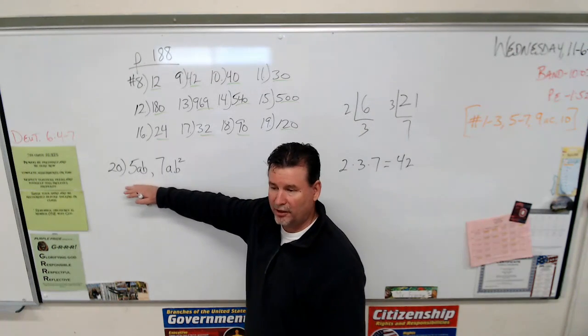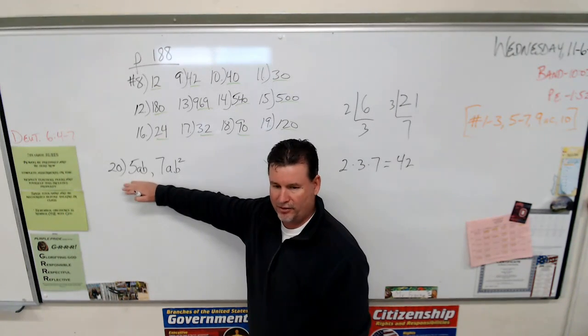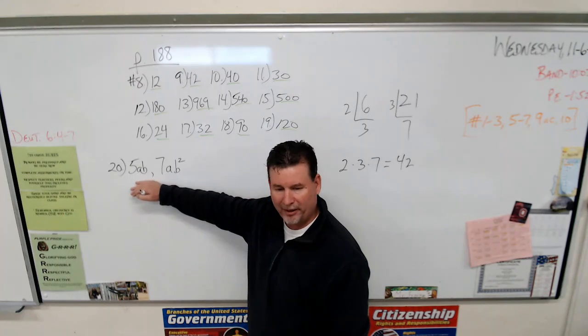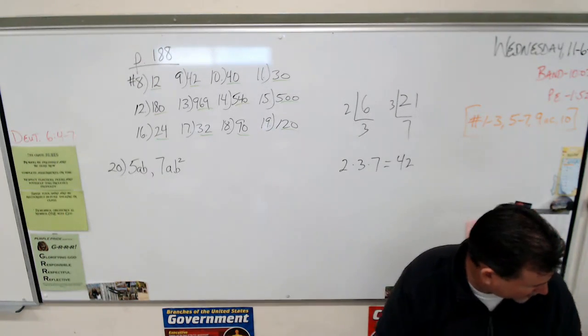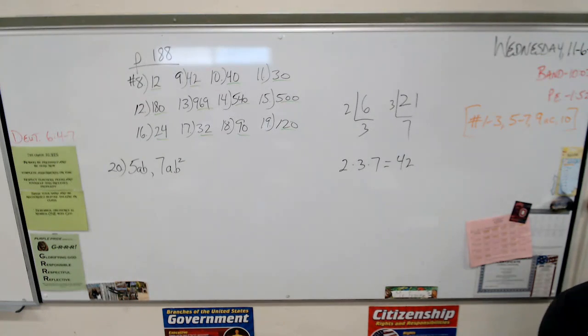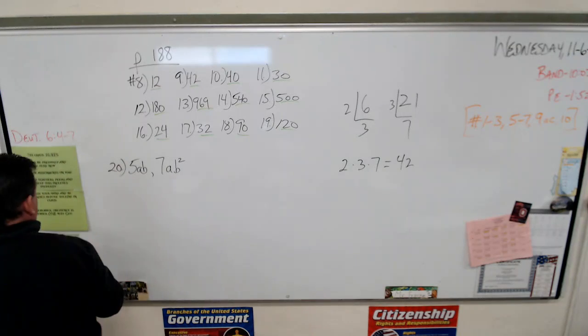Okay, here we go. Miss Stroken is not afraid, not intimidated by the letters. Because what she's going to do is take number 20. This is your homework, but I'm doing it with you. Number 20, we're adding on to number 19.